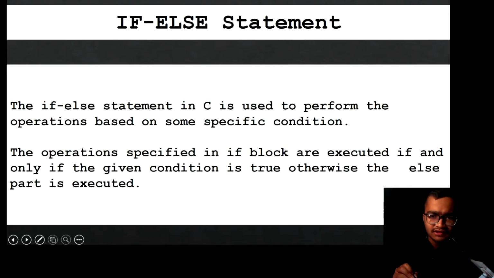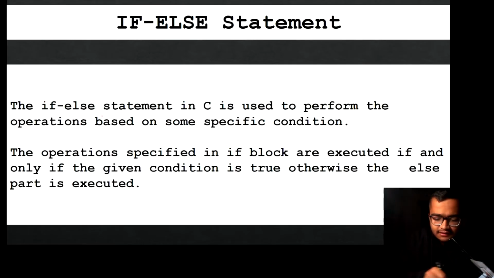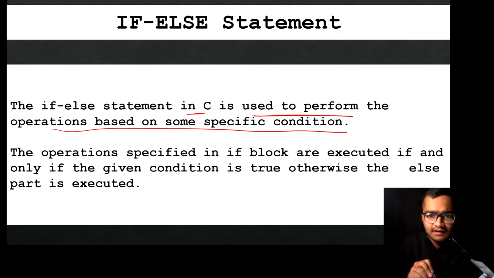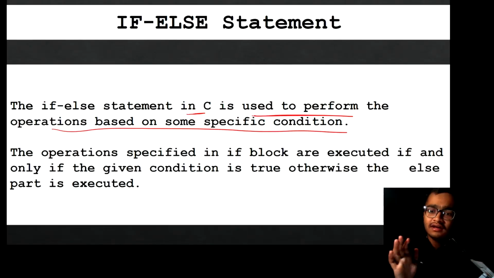So let's read the definition now. After this we will see the syntax. What is the definition of if else? See, if else statement in C is used to perform operation based on some specific condition. As I have mentioned, after writing the keyword if, there is a condition present, and if that condition is matching, then the if block is executed, otherwise the else block.